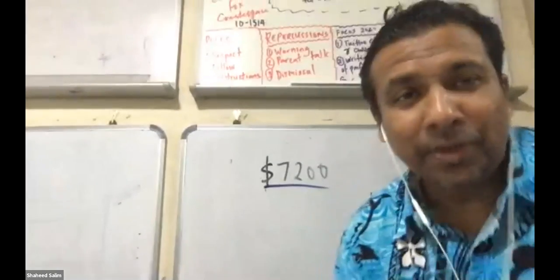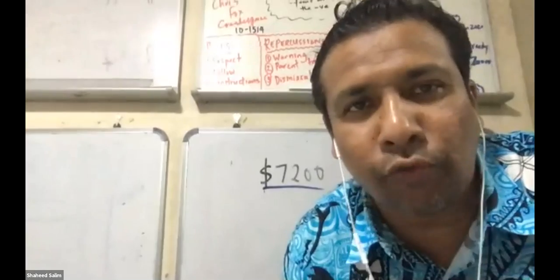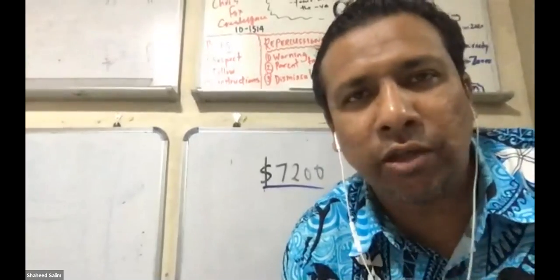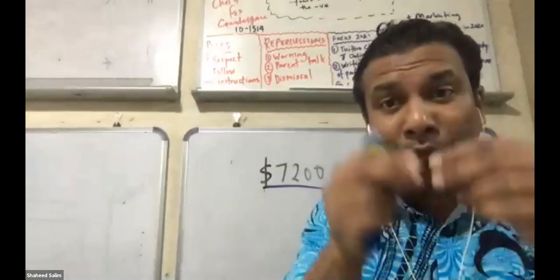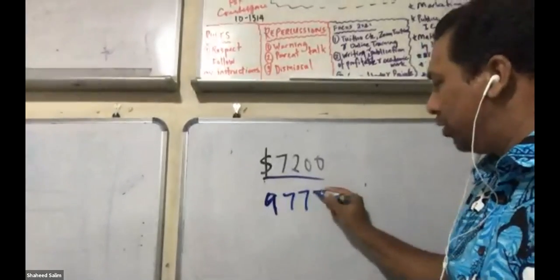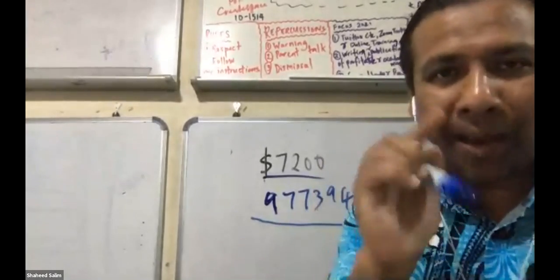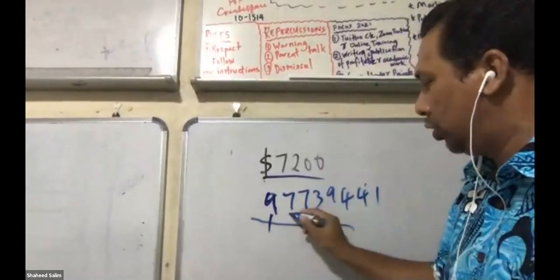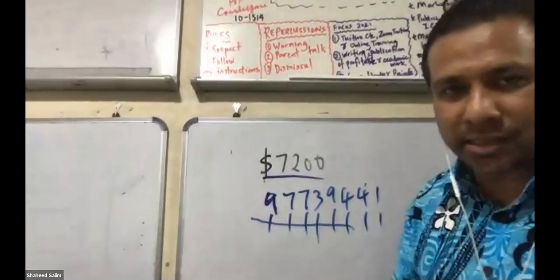Okay, listen. When your teacher in school or your friend asks you for your telephone number, do they ask you for your telephone numbers or number? Number. Number is one number, but your telephone number might be like this. This is my telephone number, 977394441. This is one number, but there are how many digits? 1 digit, 2 digit, 3, 4, 5, 6, 7, 8 digits.